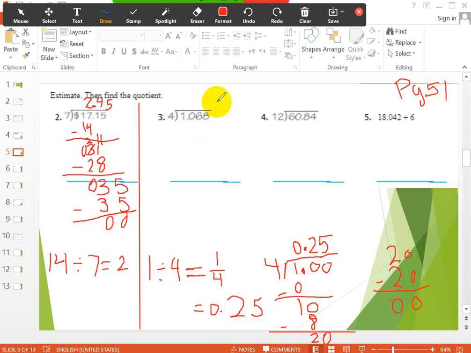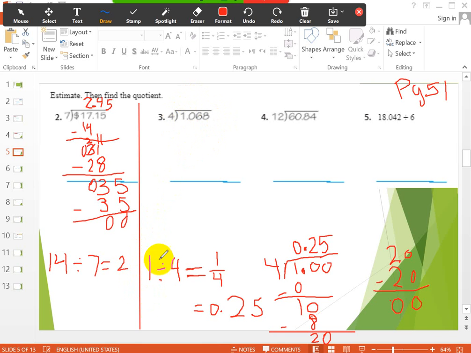Girls, I want to round this number, but this number is smaller than the divisor, because 1.78 is smaller than 4. So if you round this number to the nearest whole, the nearest whole will be 1.